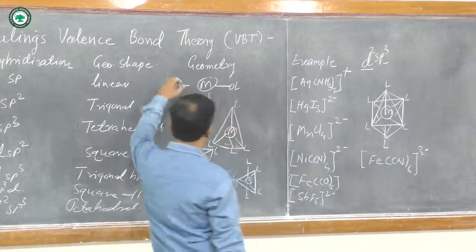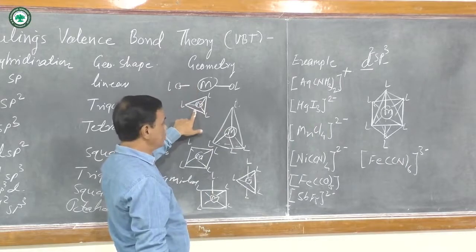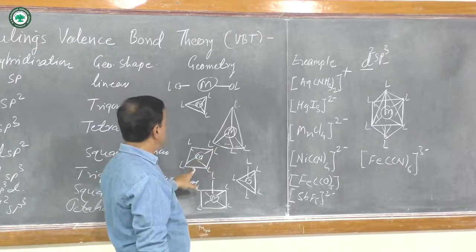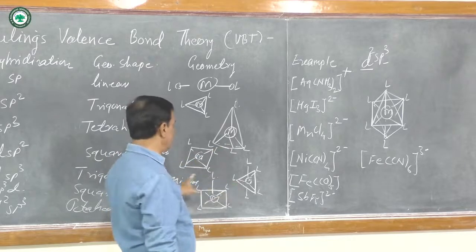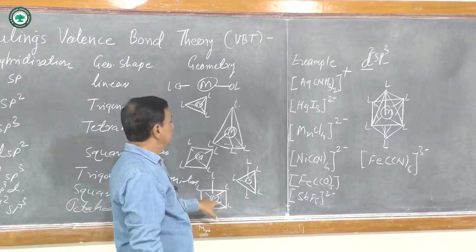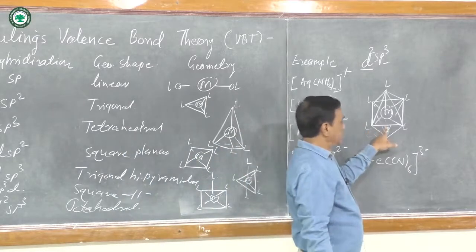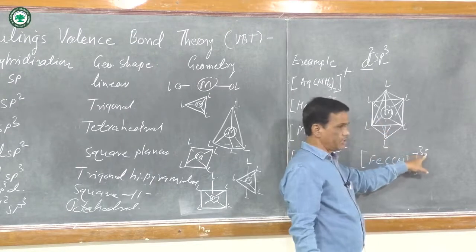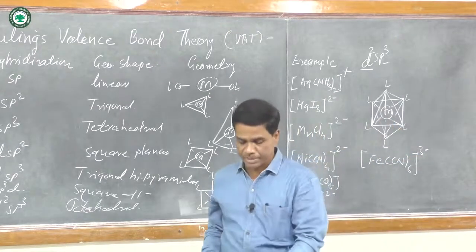And their shapes are: first one, sp, has linear shape, sp2 trigonal, sp3 tetrahedral, then dsp2 square planar, then dsp3 trigonal bipyramidal, then sp3d square pyramidal, and the last one is octahedral, with the metal at the center position and Fe(CN)6 3- formed there, and these are the examples of hybridization.